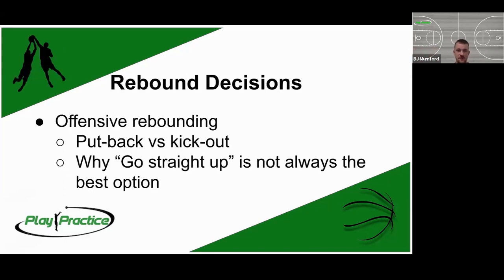Offensive rebounding decisions. So even though this is our defensive week, we're going to tie together rebounding on the offense and the defensive side. So offensive rebounding, we like to talk about the decision between putting a shot back in the rim versus kicking it out to a teammate. We try to work on kind of the 2-to-1 ratio.